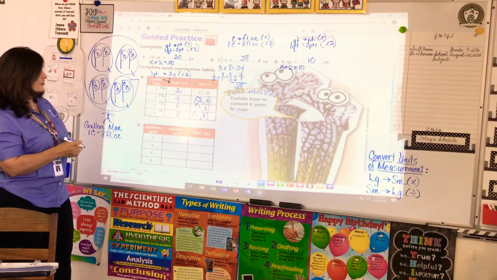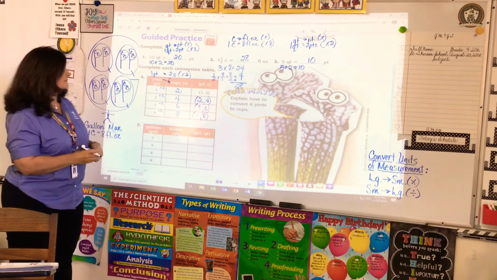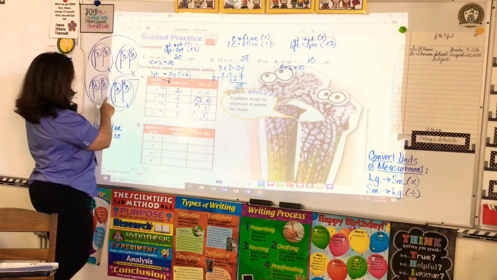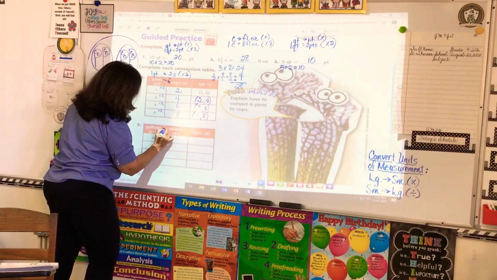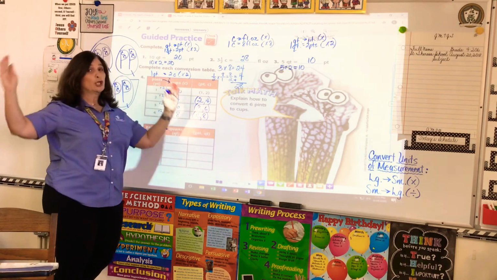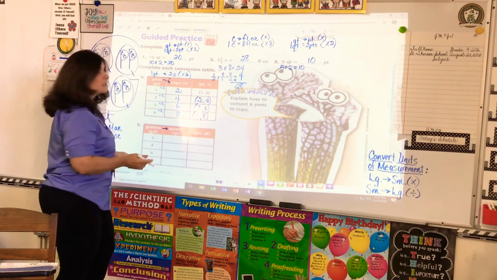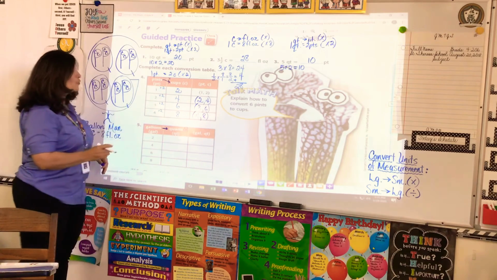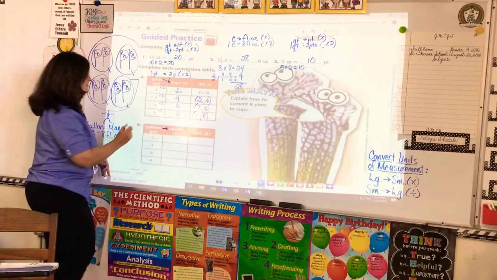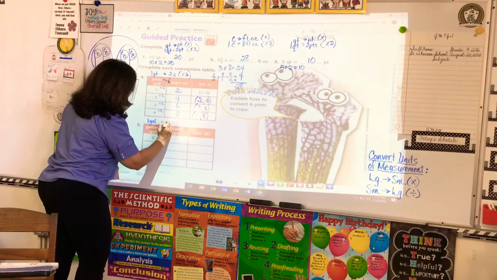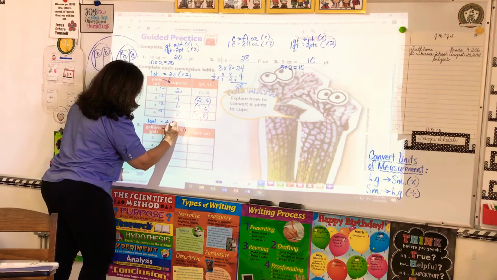Next conversion chart. Gallons to quarts. Okay, here's our gallon. We're going from gallons to quarts, which means larger to smaller, which means we need to multiply. But what are we going to multiply? Well, first, what is the relationship of gallons and quarts? 1 gallon equals 4 quarts.